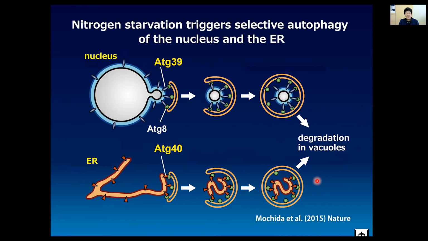Analysis of these proteins led us to discover selective autophagy of the nucleus and endoplasmic reticulum. Both of these proteins are expressed in response to nutrient starvation, and ATG39 and ATG40 localize to the nuclear envelope and the endoplasmic reticulum membrane, respectively. Both interact with ATG8 on the forming autophagosomal membrane to efficiently pack the fragments of these organelles into autophagosomes for degradation in vacuoles.